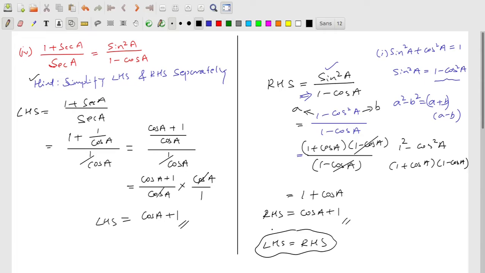You just need to follow this flow: simplify the LHS and RHS separately, and remember two steps here. One is taking secant A as 1 by cos A, that is the first step.